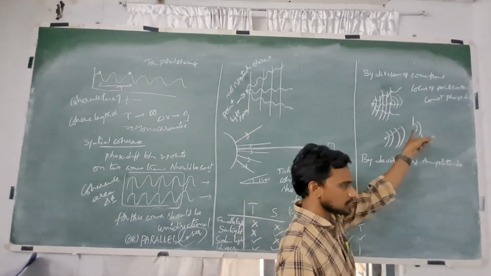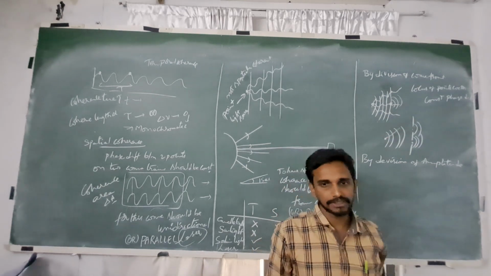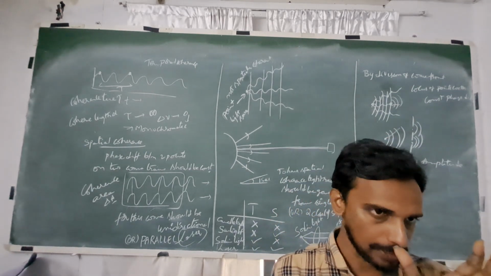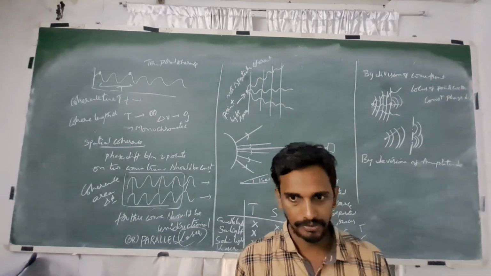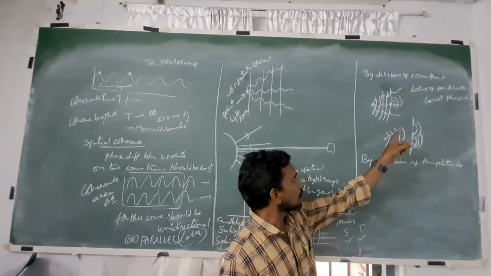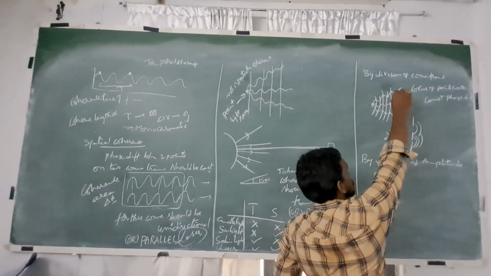This is a matter of discussion that we will see again, that each point on the wavefront acts as a source of secondary wavefront. That is the starting point for diffraction. Means in diffraction we will have superposition of waves starting from 2 points on a single wavefront.